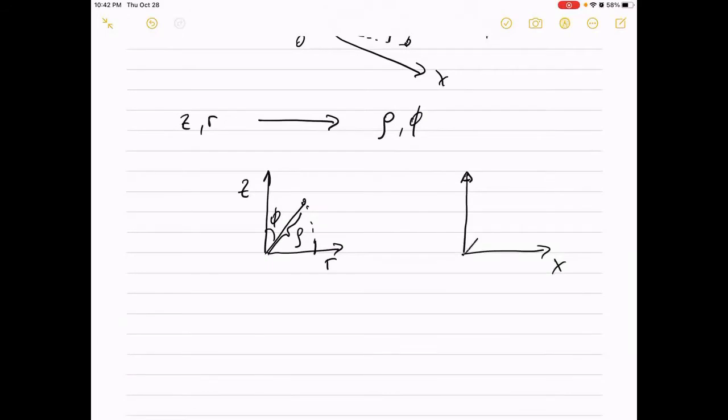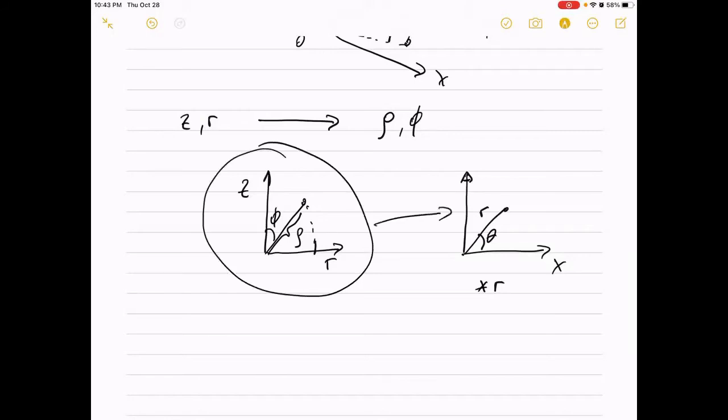We recall that for polar we have distance, we call it r, angle theta, and the price to pay to switch to polar from rectangular is to multiply by an extra r. The situation is similar right here. The price to pay to switch from z and r to rho and phi is to multiply by an extra rho.